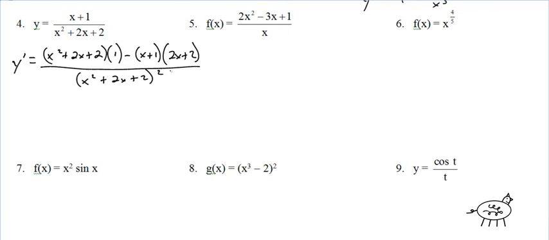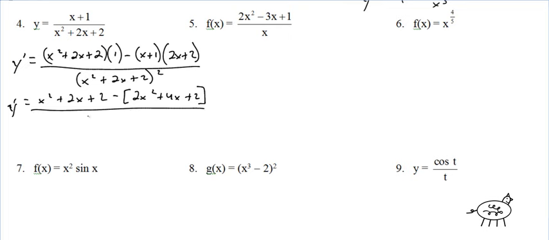Okay, the bottom we're not really going to do anything with. Can't really simplify that. The top, I can definitely get rid of some of these things. Obviously, this first one you just multiply by 1, it's no problem, right? So y prime is equal to x squared plus 2x plus 2, and this guy here I just FOIL, so it's minus, and we'll put this in, minus 2x squared plus 4x plus 2, all over x squared plus 2x plus 2 squared.